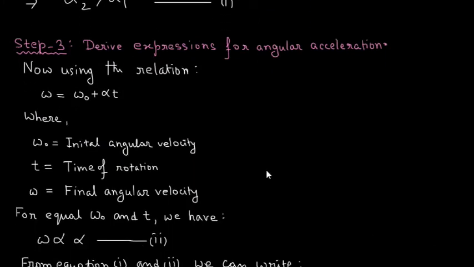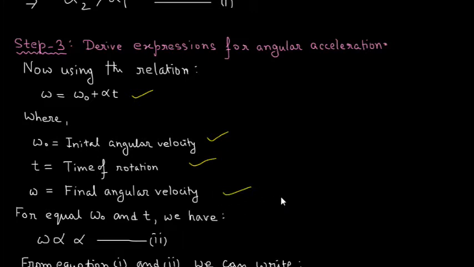Now step 3, derive the expression for angular acceleration. Now we use the equation omega is equal to omega naught plus alpha t, where omega naught is the initial angular velocity, t is the time of rotation, and omega is the final angular velocity.